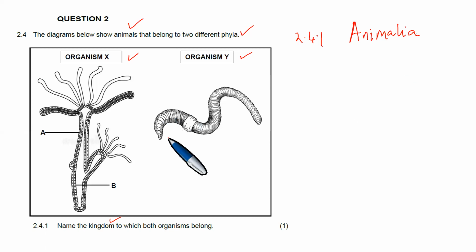We understand that they belong to different phyla, but obviously they belong to a common kingdom, and that is the Animalia kingdom. We are yet to discuss in detail the different types of kingdoms to which organisms X and Y and many other organisms belong.